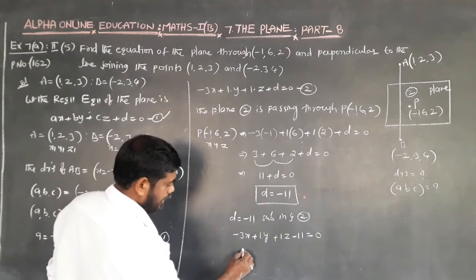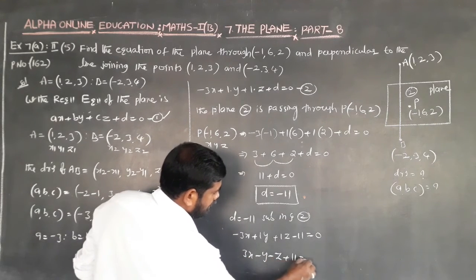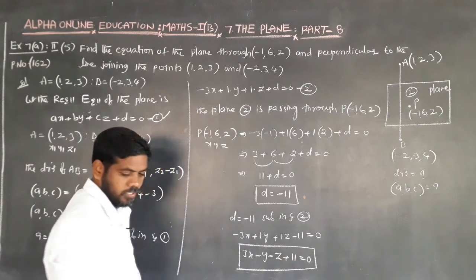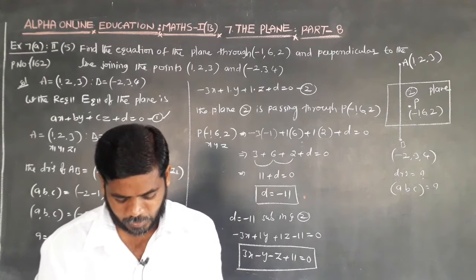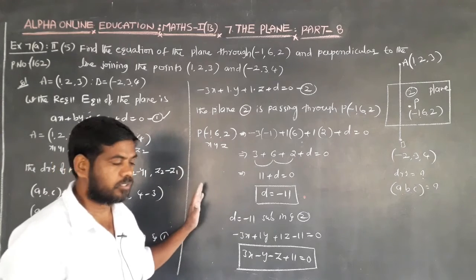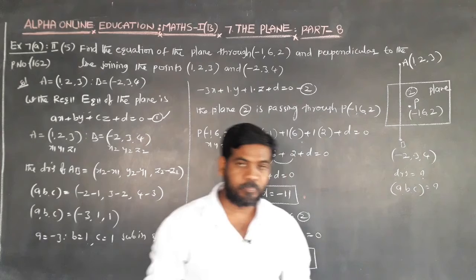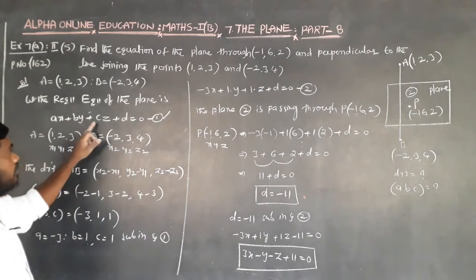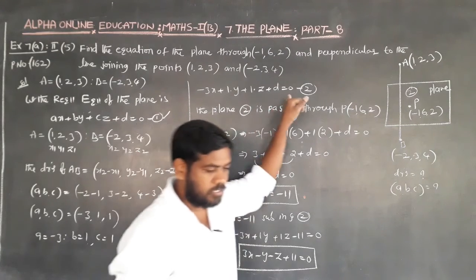Multiply with minus: 3x minus y minus z plus 11 equal to 0 is the required equation of the plane. So first of all find the DRs of AB, then substitute a, b, c in the required plane and find the value d.